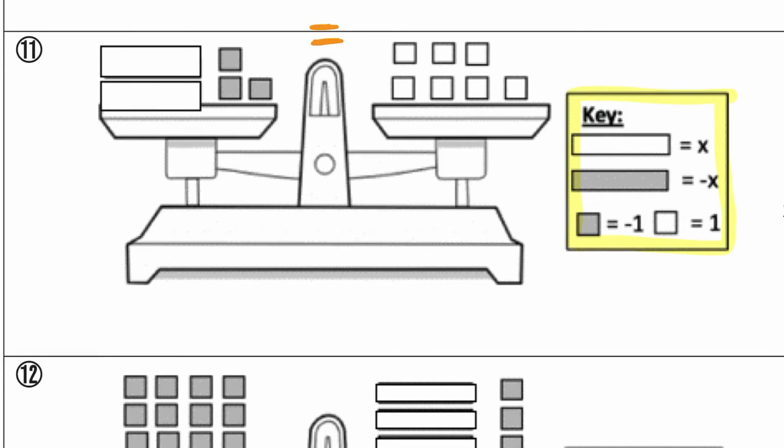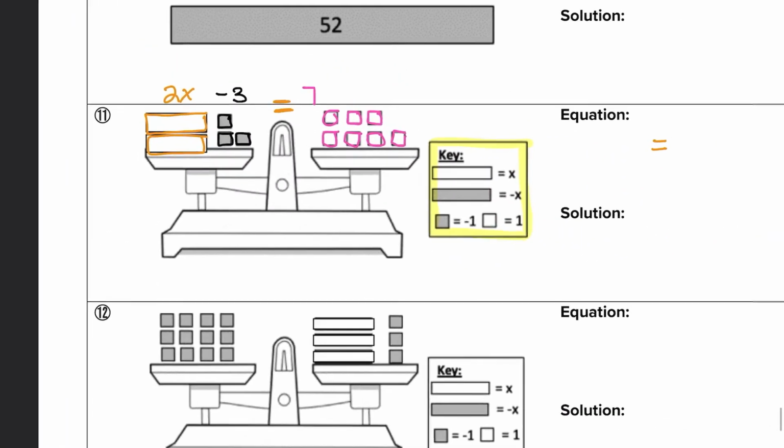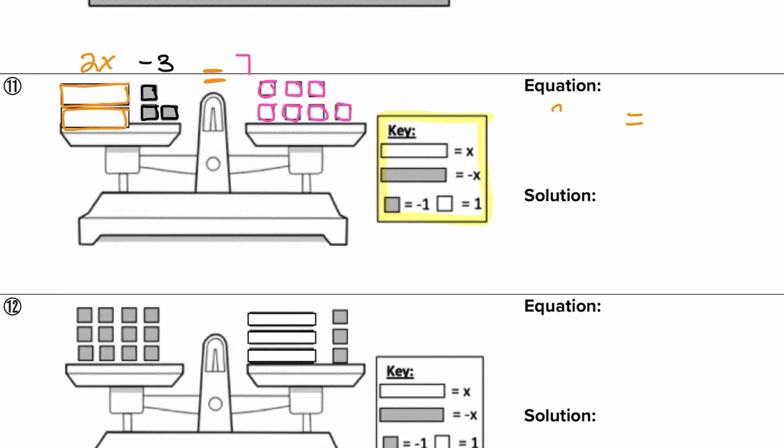On your left side, you have two blank rectangles, which is 2x, and you have 3 dark squares, so that is minus 3. And on the right side, you have 1, 2, 3, 4, 5, 6, 7. You have 7 blank squares, so 7. So your equation is 2x minus 3 equals 7.